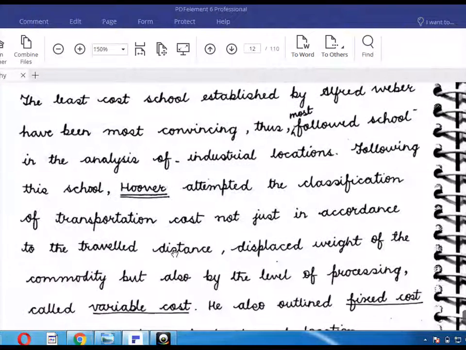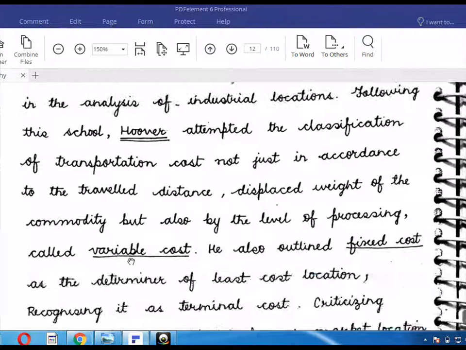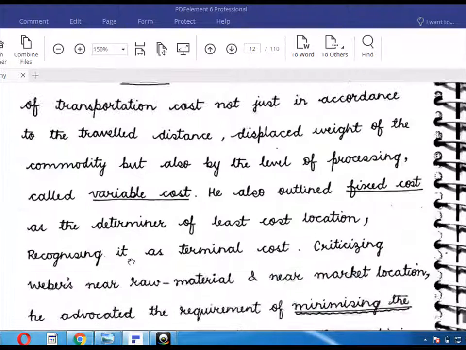Following this school, however, attempted the classification of transportation cost not just in accordance with the traveled distance and displaced weight of the commodity, but by the level of processing, called variable cost.